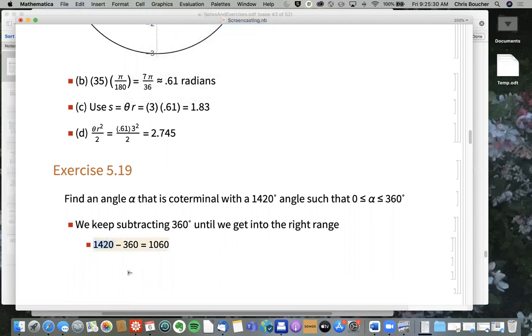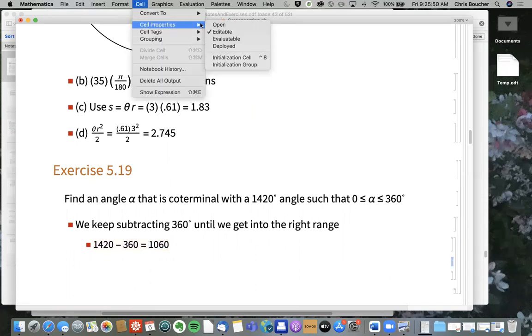So this angle, 1420, and this angle, 1060 in degrees, those are coterminal, right? Angles that differ by a multiple of 360, visually, they just differ by some number of complete rotations around the circle. And so their terminal sides are the same, they are coterminal.